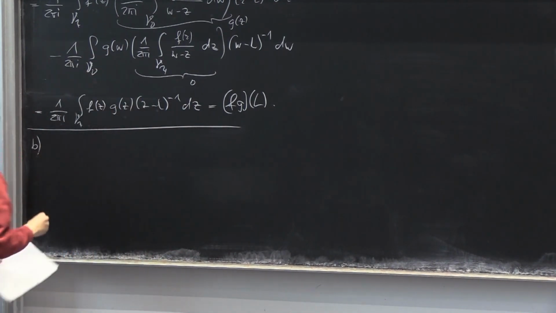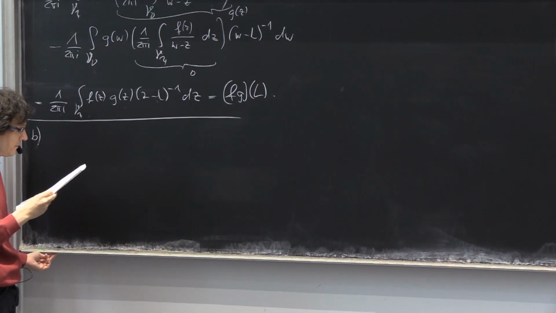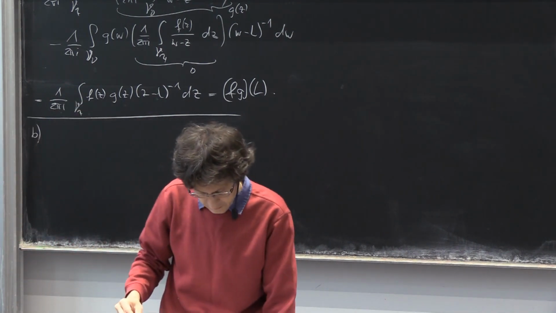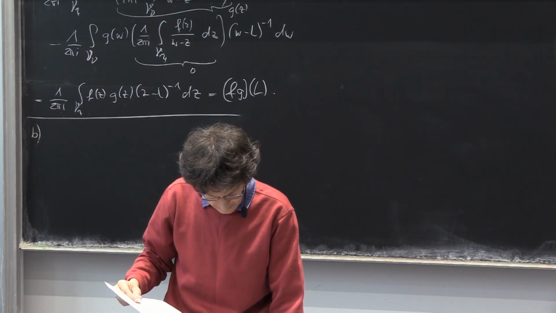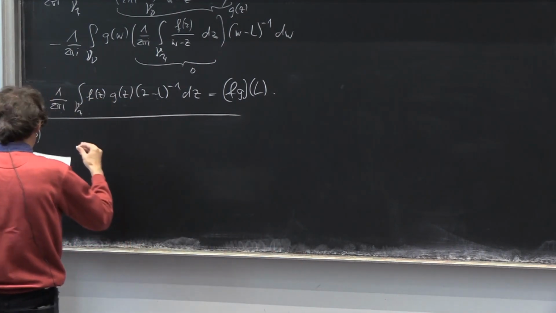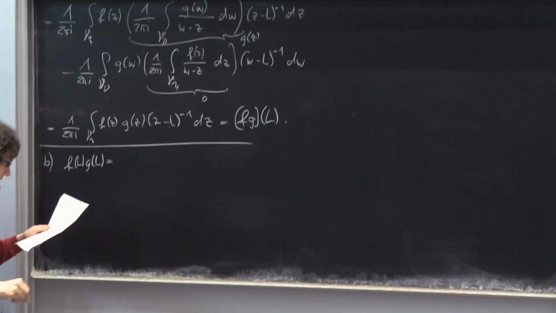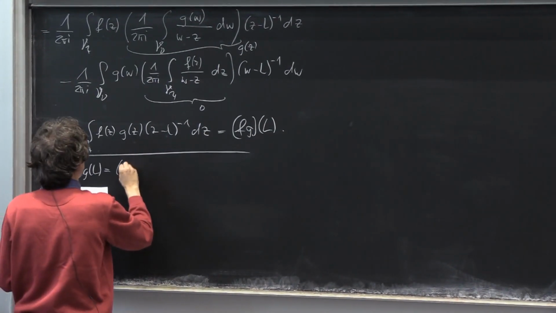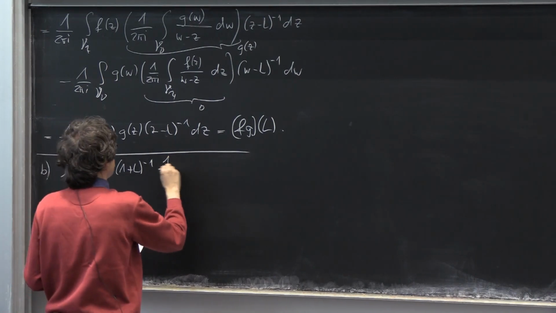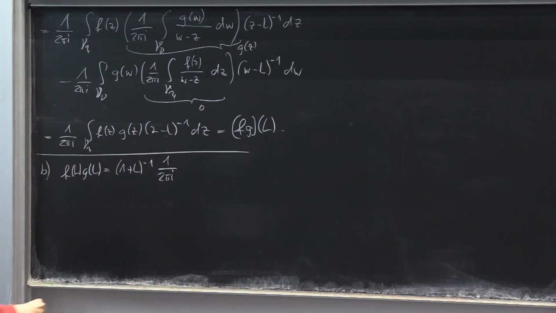So let's look at the case B, which is the case where f is just the resolvent, so f is 1 plus z to the minus 1, and g is given, g is an H infinity 0 function, so here we have to write down a Cauchy integral.